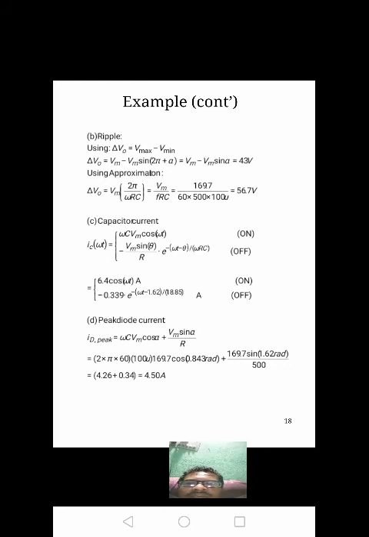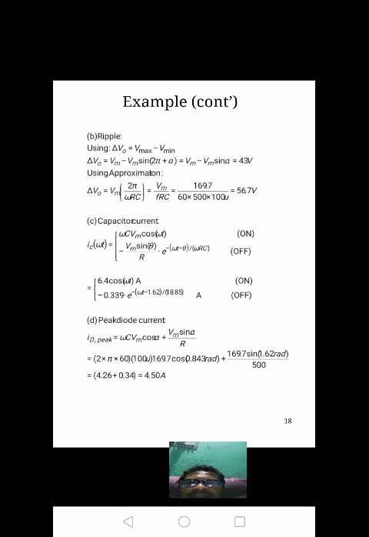Substituting the values, when the diode is on, the current is 6.4 into cos omega t. During the diode off condition, the capacitor current is minus 0.339 into e to the power minus (omega t minus 1.62) divided by 18.85 amperes.